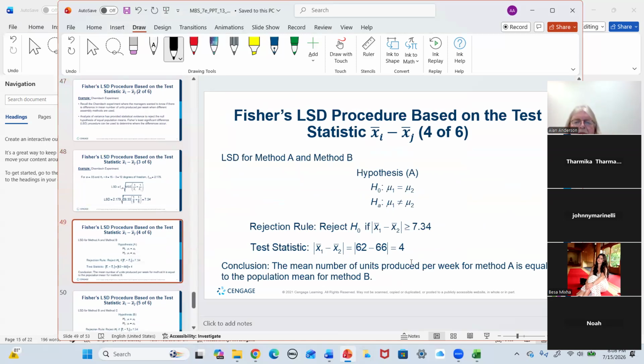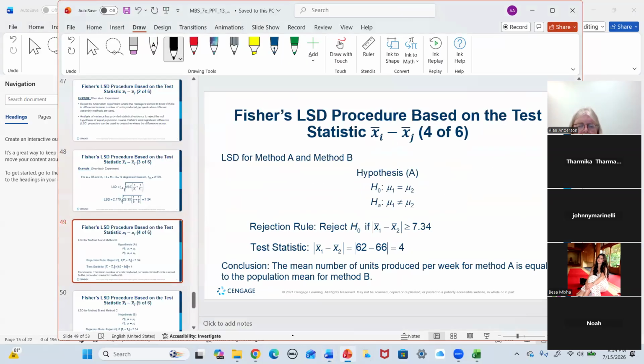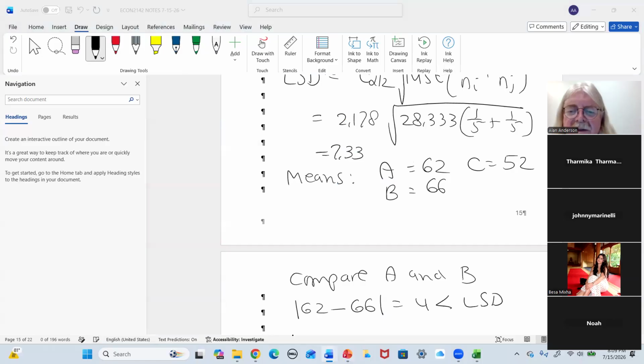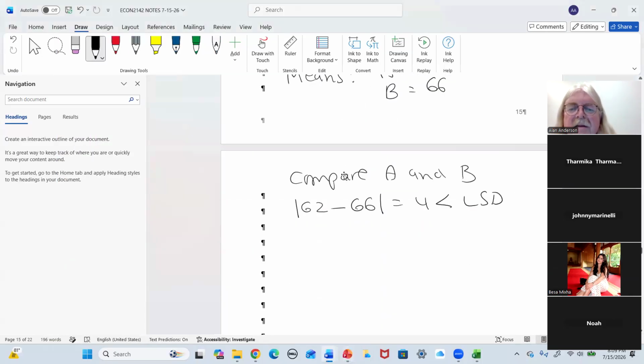So to compare A with B, for example, that one's less than the LSD, so the means are equal.